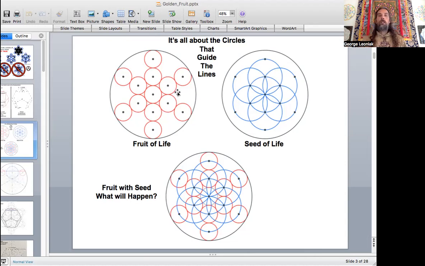And these two drawings are going to be scaled proportionally. If this is unit 1 circle, well, this is 2, from here to here. So I'm going to combine the two together, the fruit and the seed, laying them over top into this lower drawing with the blue and red circles.